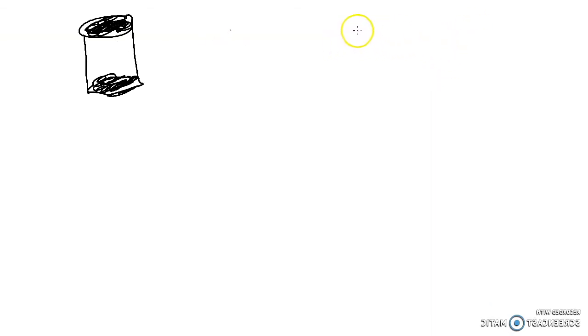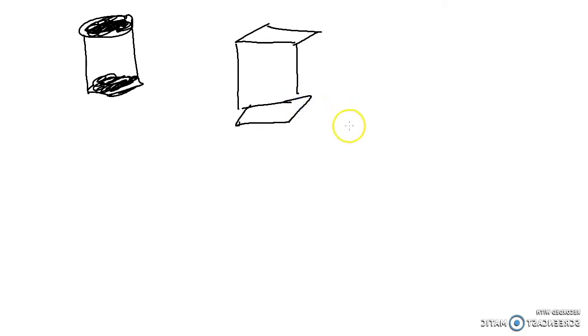If I had an example like this where I had a rectangular prism, it's kind of standing like this. This is going to be a rough drawing day for me. Let's try this one more time.